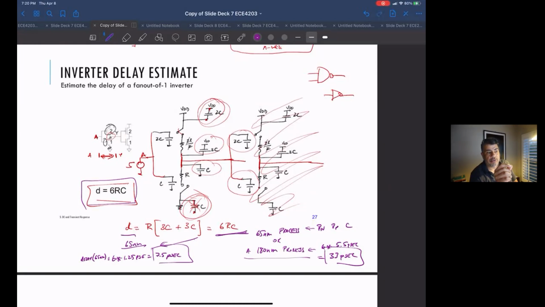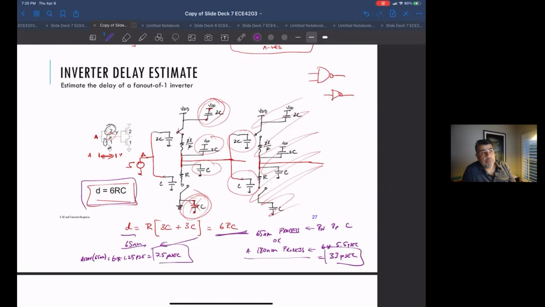Then you can just multiply it by the RC for a 65 nanometer process, the RC for a 90 nanometer process, and then a 130 nanometer process. If the 90 nanometer process is fast enough, you wouldn't want to pay that premium to be in a 65 nanometer process.